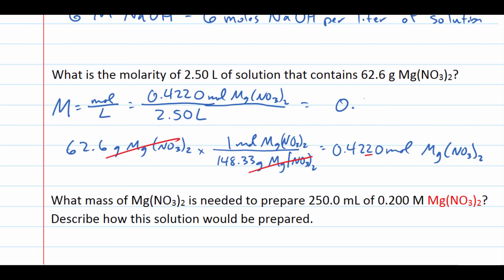Now, how many sig figs should be in the answer? 3. So we'd round this off to 0.169.